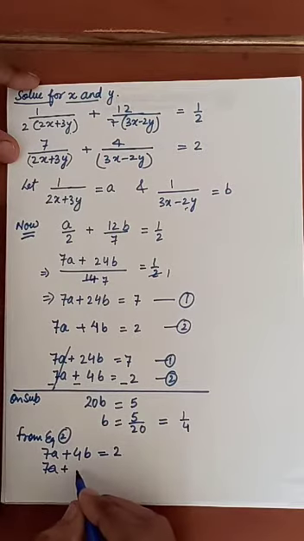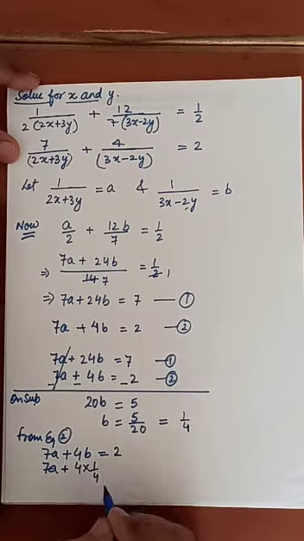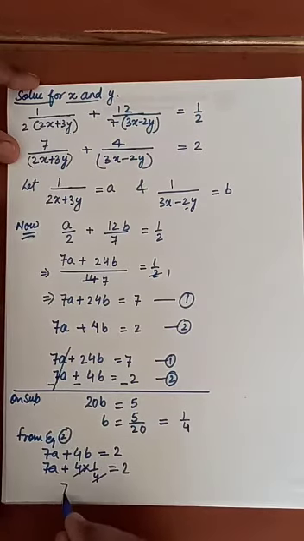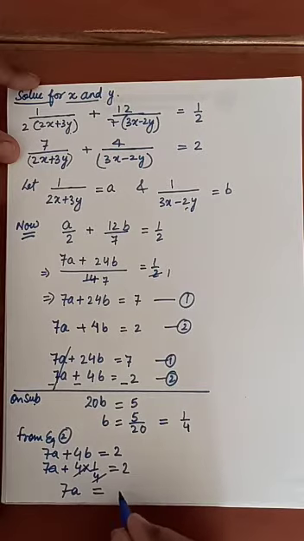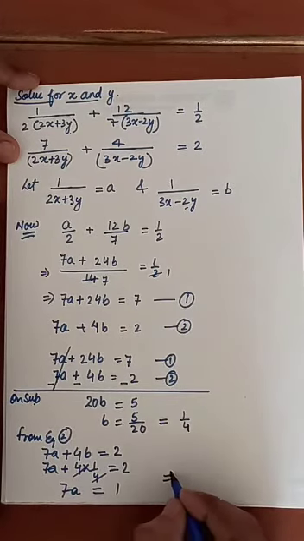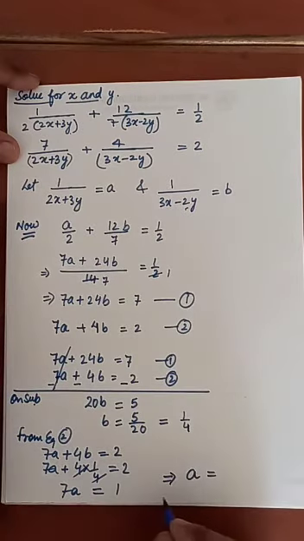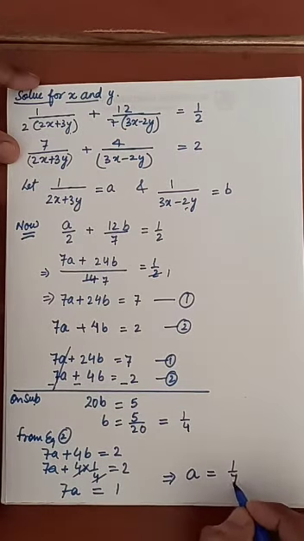So 7a plus 4 into 1 upon 4, that is equals to 2. So 4 and 4 will be cancelled out. So from here 7a will be equal to 1 after transposing. So now the value of a is coming 1 upon 7.